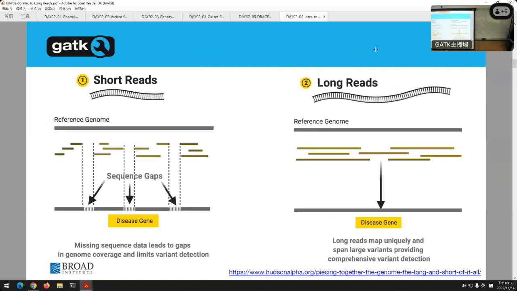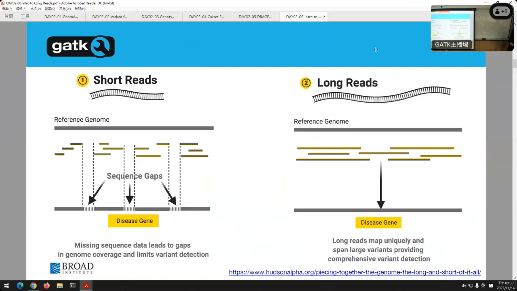Okay, so to summarize, our short reads are about 150 bases long. If the sequence in the reference genome is repetitive, they may not be able to align to the right place, or the alignment might be ambiguous. So we really can't learn much about those repetitive areas of the genome using short reads.